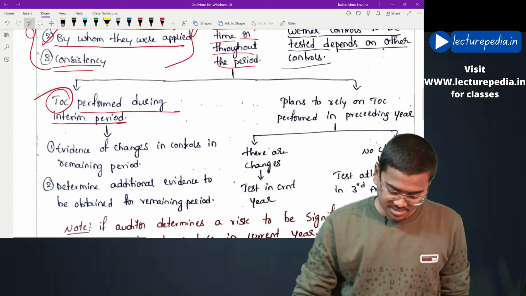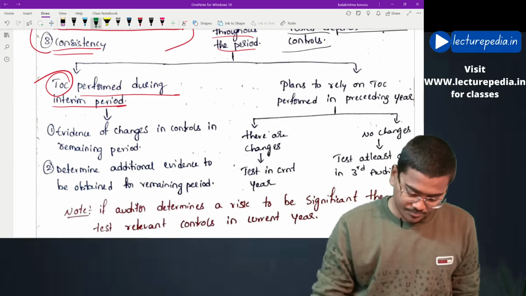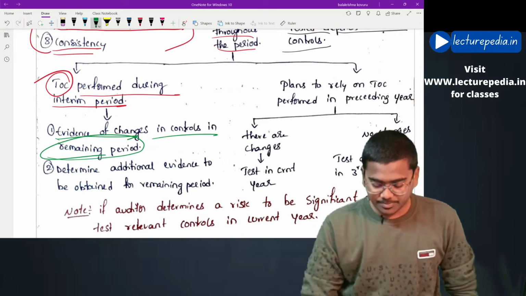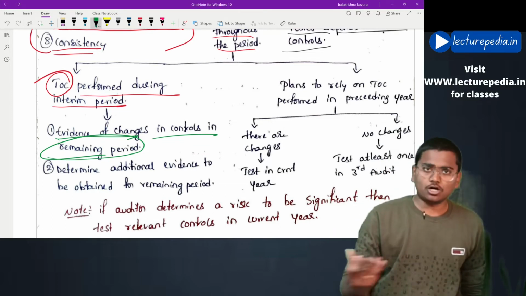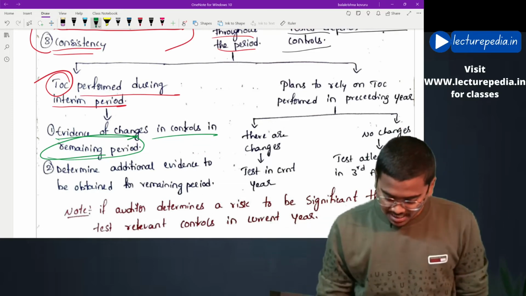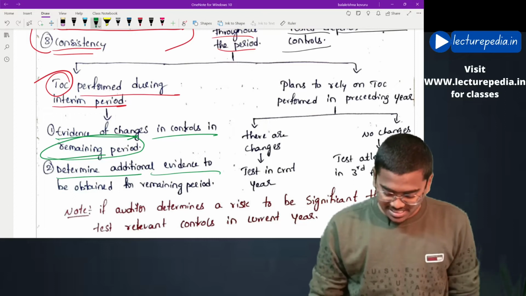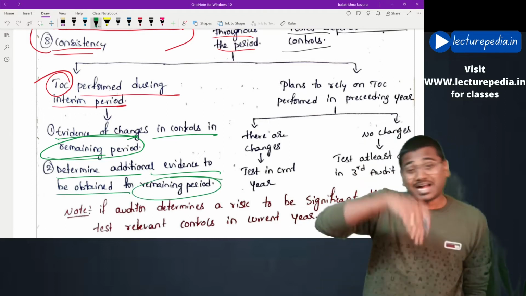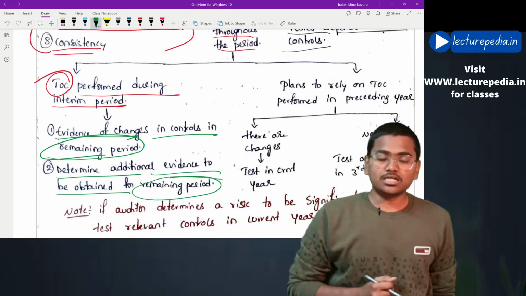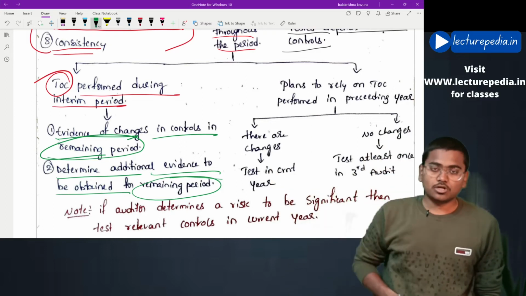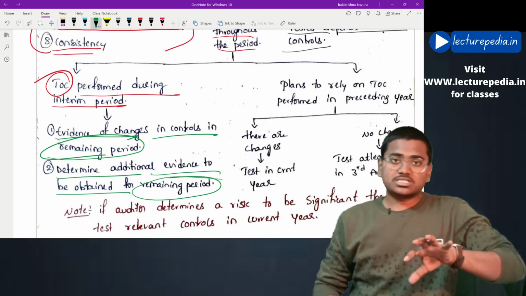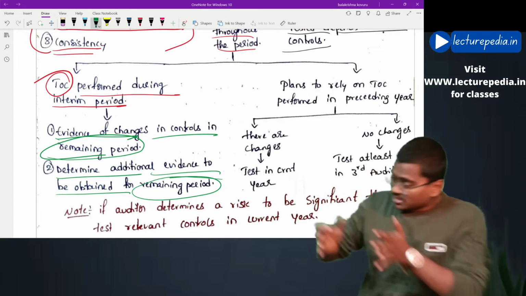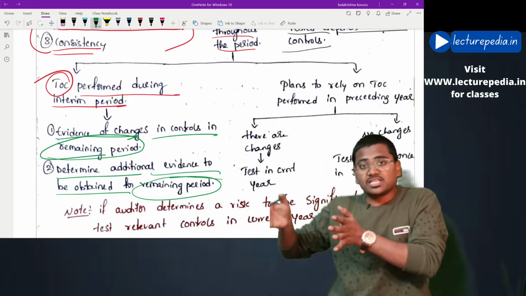The auditor will first of all obtain evidence of changes in controls in the remaining period. In case there are any changes, the auditor will perform test of controls and determine additional evidence to be obtained from the remaining period. In case there are any additional controls that have been implemented during the next 6 months, apart from the controls that were present in the first 6 months, management has also implemented some other controls in the remaining 6 months.